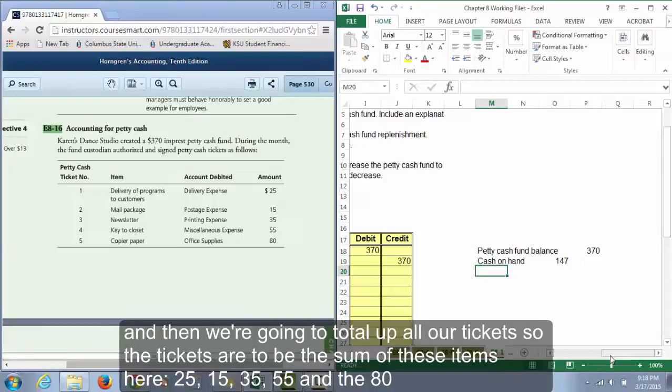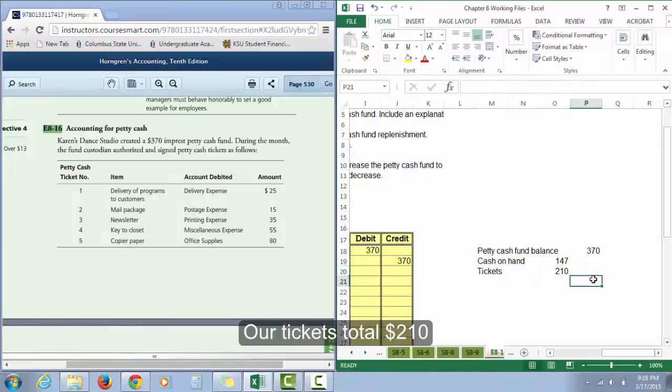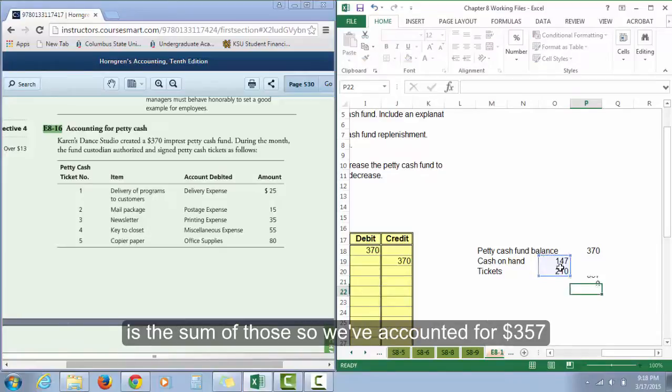And then we're going to total up all of our tickets. So the tickets are going to be the sum of these items over here. So the 25, 15, 35, the 55, and the 80. So we'll total all those up. And so our tickets total $210. So the total we have accounted for is the sum of those.